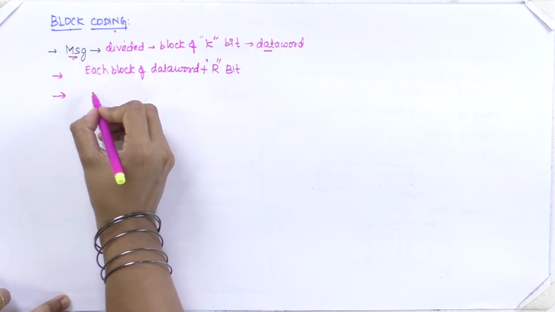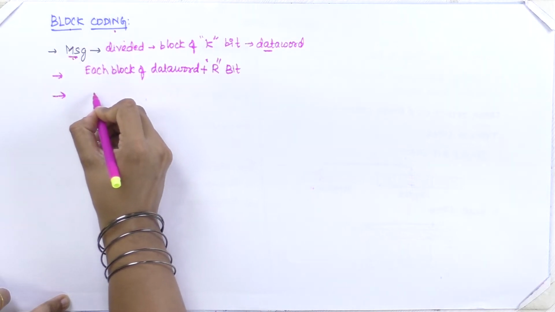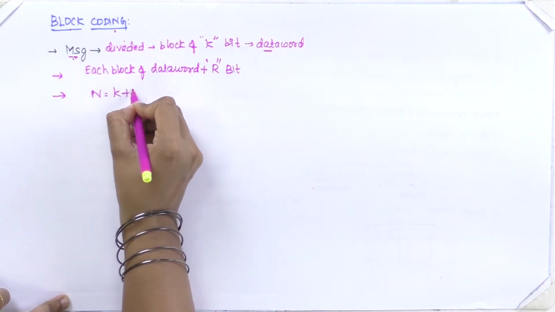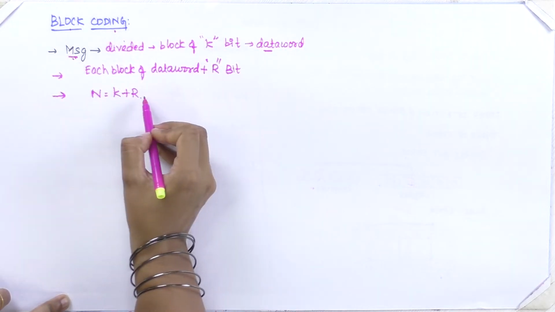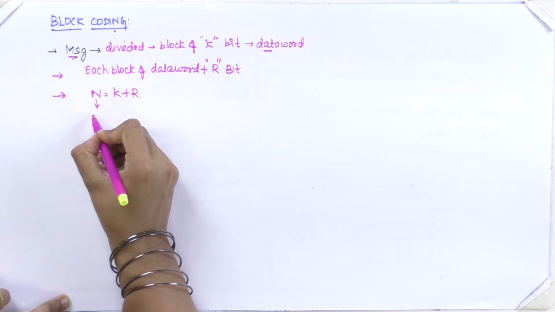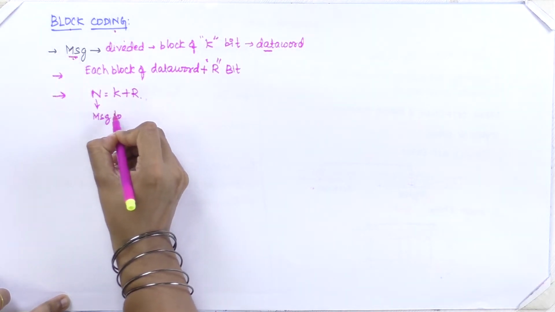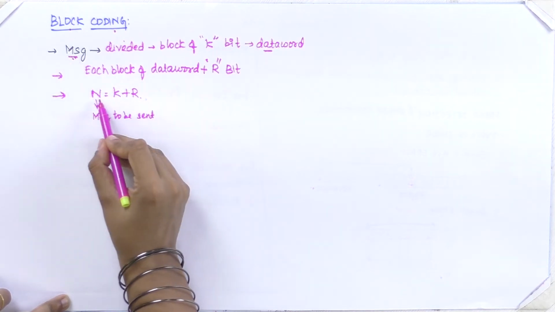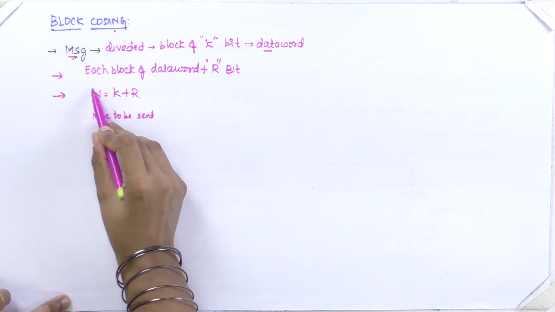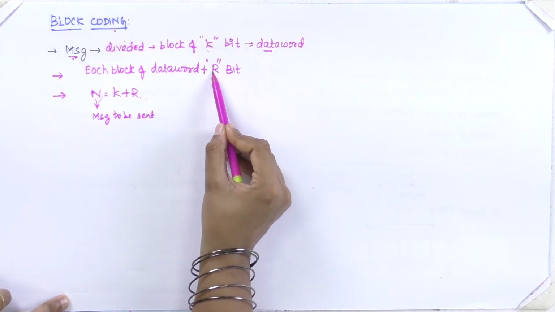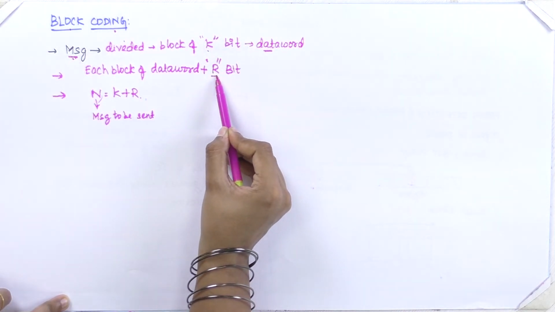So finally, I get the message to be sent. The length of this message will be the length of one block plus whatever redundant bits I have added.